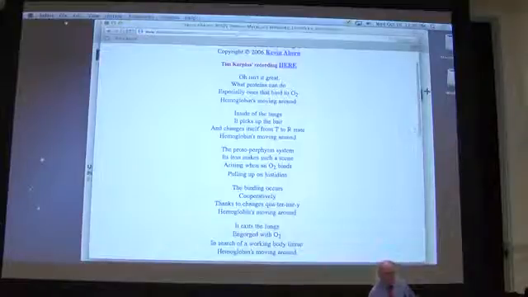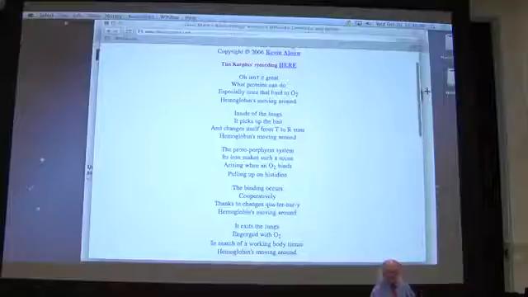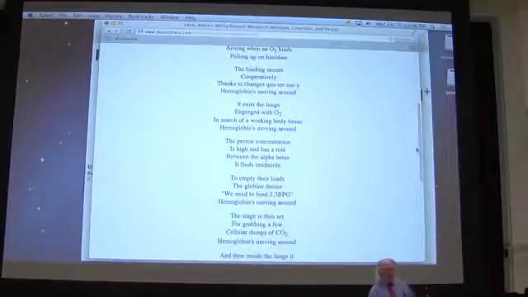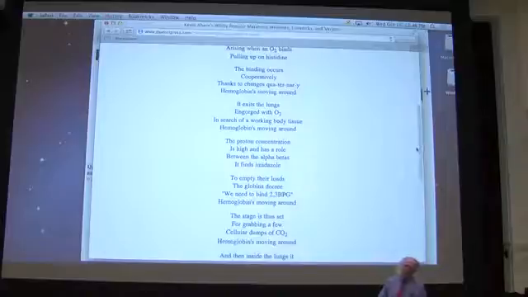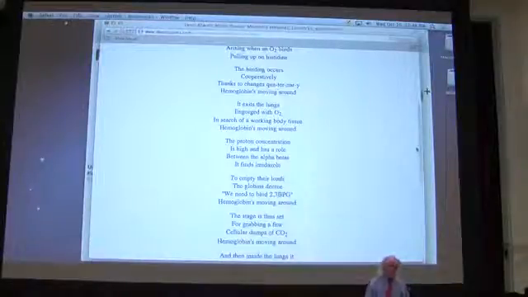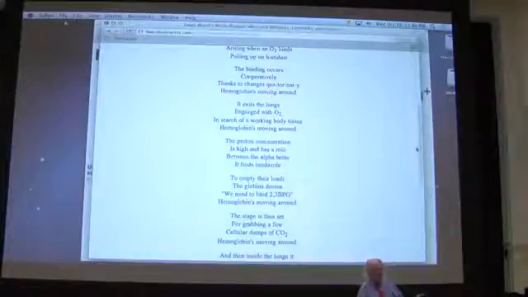The protoporphyrin system, its iron makes such a scene, arising when an O2 binds, pulling up on histidine. The binding occurs cooperatively thanks to changes quaternary. Hemoglobin's moving around. It exits the lungs, engorged with O2, in search of a working body tissue.